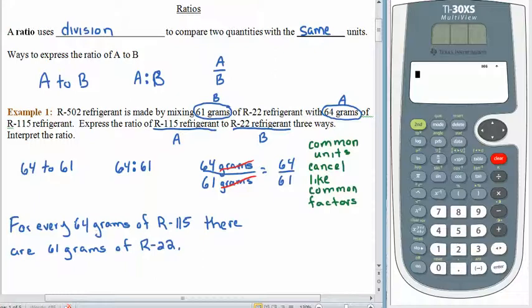So we could double the amount of R115, and we would also need to double the amount of R22. We could take 10 times the amount of R115, and then we would use 10 times the amount of R22.